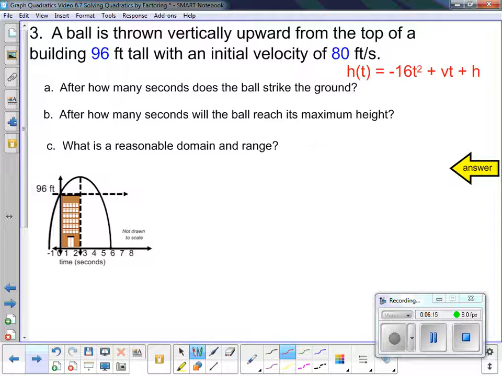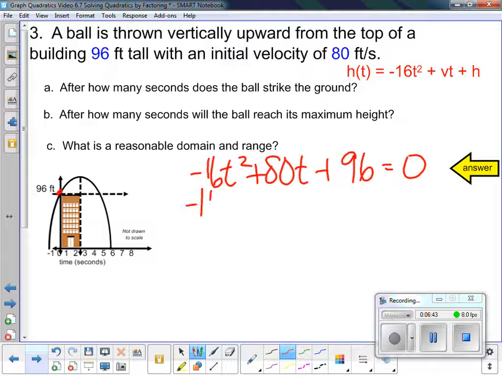All right, let's do a velocity problem. A ball is thrown vertically upward from the top of the building, 96 feet tall. So here we are at 96, and it's going to go up and then back down. It has an initial velocity of 80. So we use our velocity equation and put negative 16 t squared plus 80 t plus 96 equals 0.